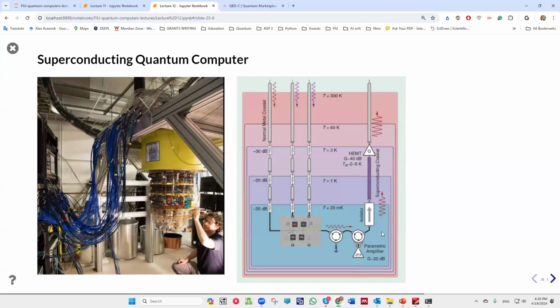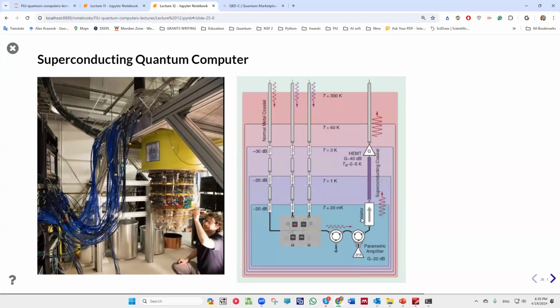This doesn't work for readout, because in readout we need to get as much signal as possible. So the use of attenuators is not desirable. We actually need to get rid of any attenuators. But without attenuators, the noise from room temperature goes to the quantum computer and simply destroys the quantum state.